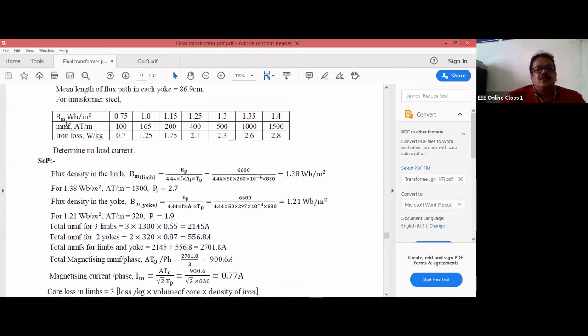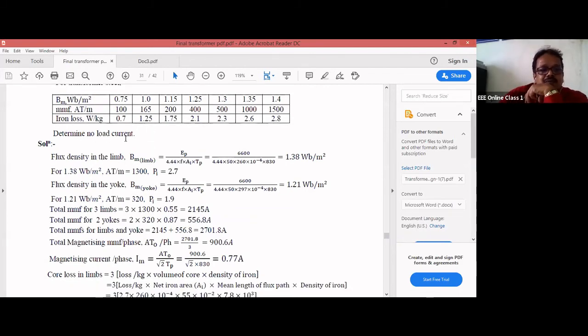Based on the maximum flux density value, let us calculate, taking the values from this table. First, determine the no load current. Flux density in the limb, Bm limb.